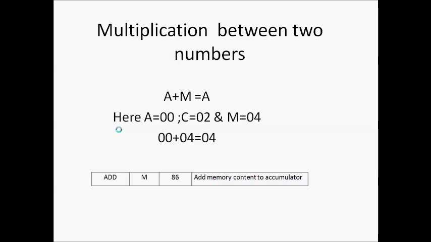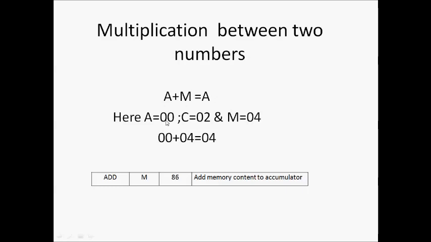the subtraction and addition programs have subtraction and addition instructions, but for multiplication the microprocessor has no instruction, so we apply the logic of repeated addition. So accumulator plus memory location is equal to accumulator.